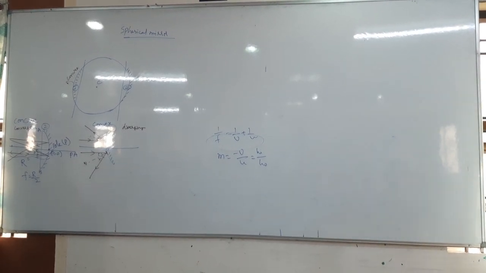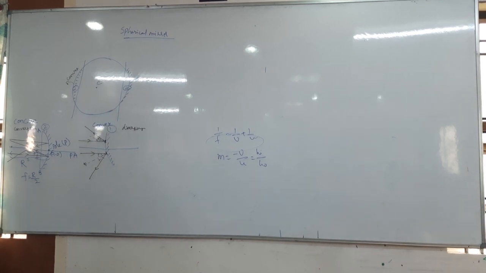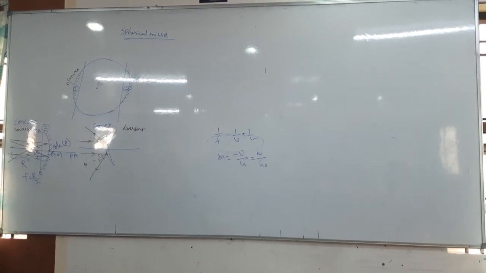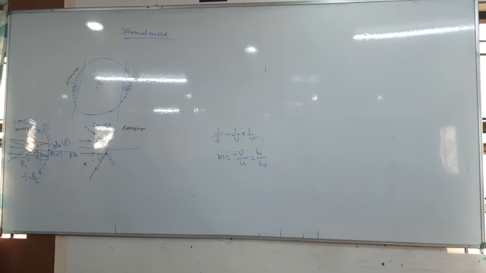Next, principal axis, PA: a line passing through the pole.